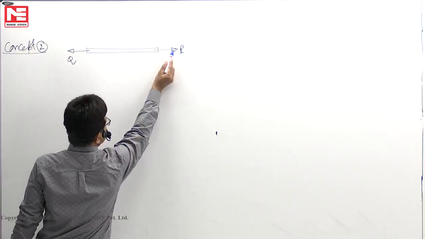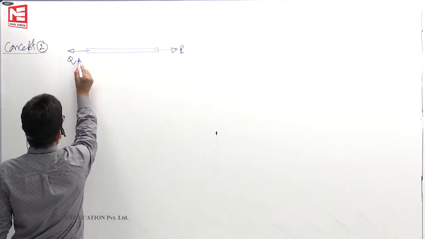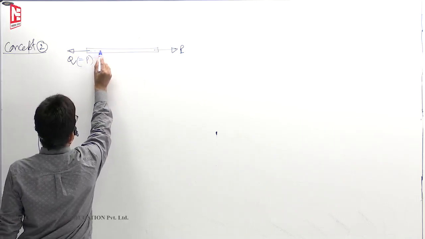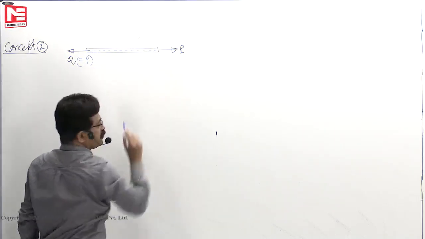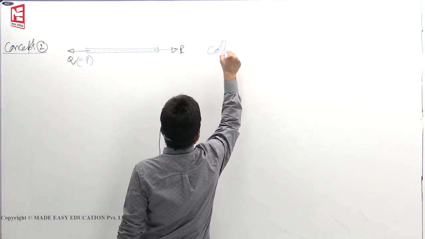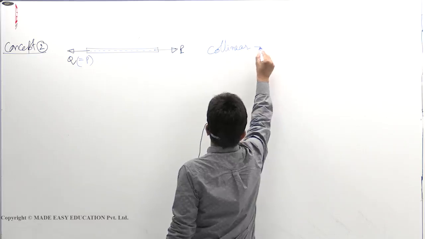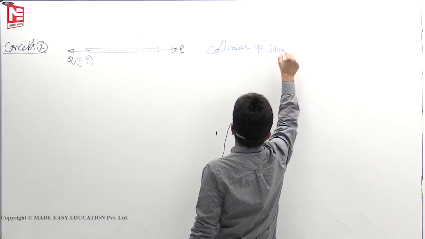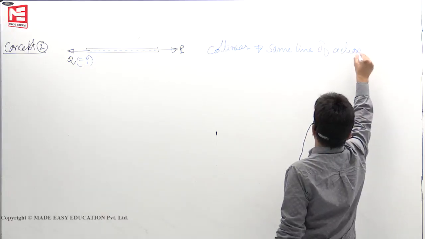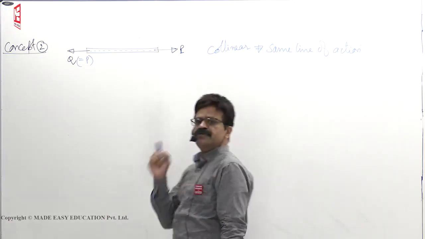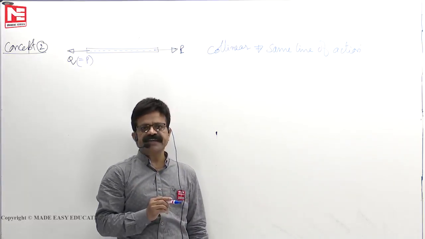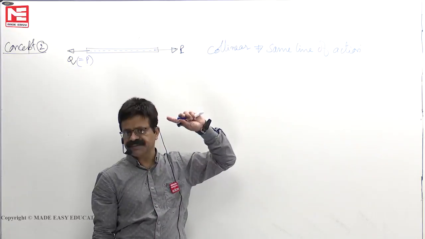Q must be opposite to P, Q value must be equal to P, and Q must be along the same line. That means it must be collinear. Collinear means same line of action. So to keep two forces in equilibrium, they must be equal, oppositely directed, and collinear in action.